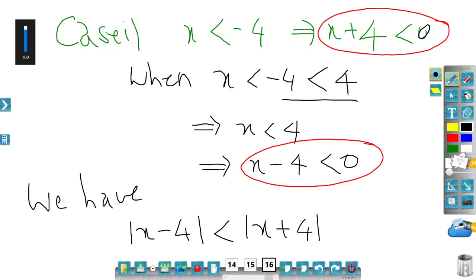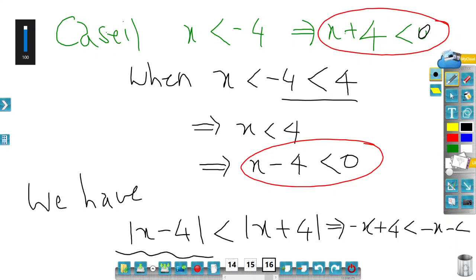We need to find x. Now in this case x minus 4 is less than 0, so it will be minus (x minus 4) is less than, x plus 4 is again less than 0, so minus (x plus 4). When minus x comes to this side it is 0, and when 4 goes to that side it will be minus 8. So 0 is less than minus 8.